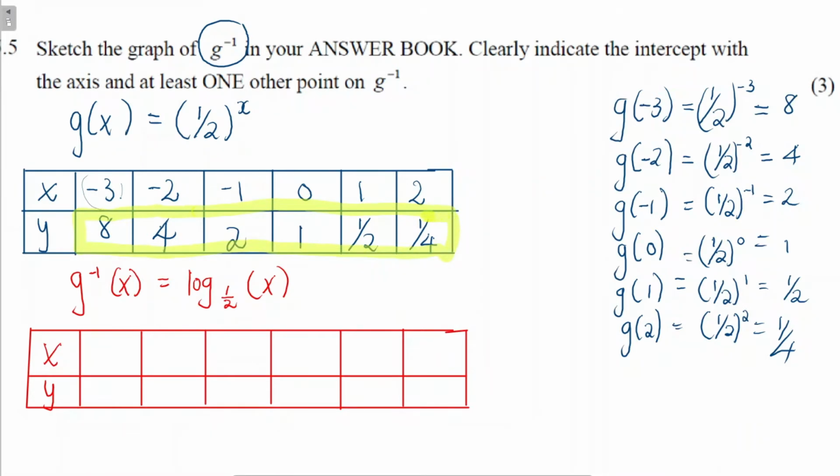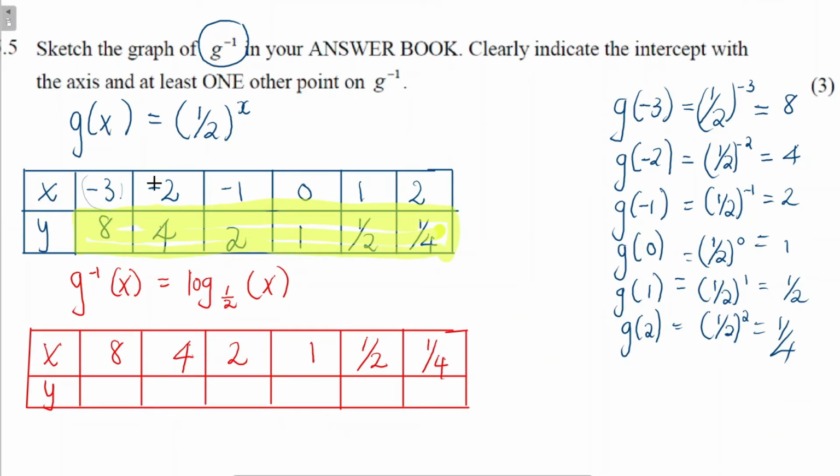These values here are now going to be our x coordinates, so I'm just going to put them in the place of our x here. So it's going to be 8, 4, 2, 1/2, 1 over 4, right?